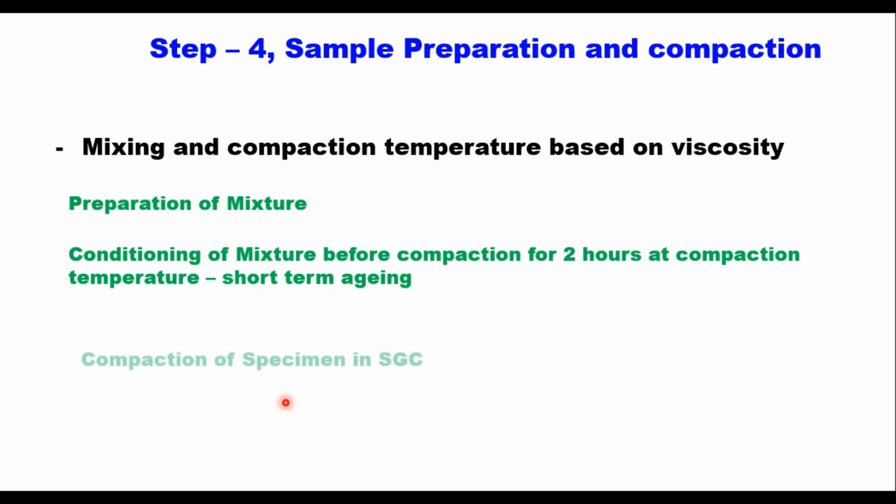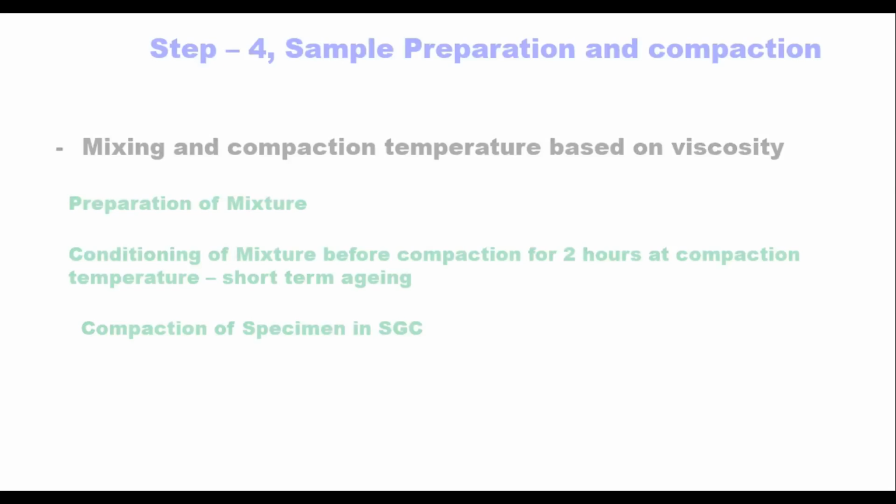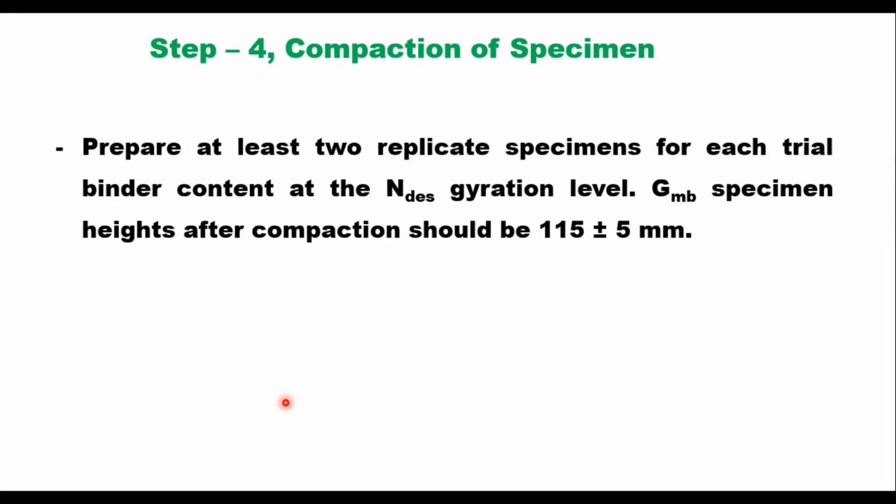Then place the conditioned mixture at the compaction temperature in the mold in one lift, level the mix and place the top plate in the mold. Load the charged mold into the gyratory compactor, centering it under the loading ram, and then compact. Prepare at least 2 replicate specimens for each trial binder content at the end design gyration level.